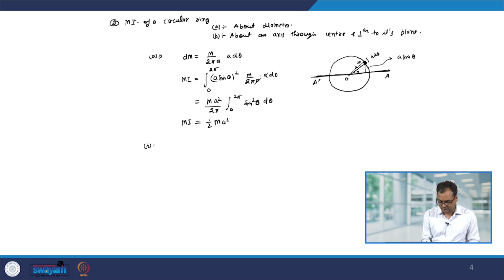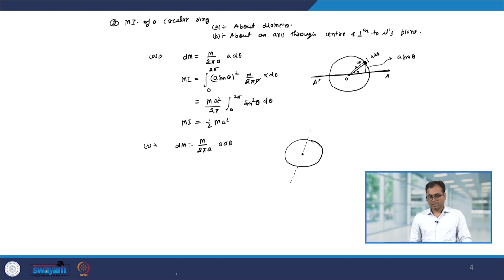Now, let us consider the second case, the moment of inertia about the axis which is passing through the center and perpendicular to its plane. So, we have this ring and the moment of inertia about, let us say, this axis. Okay. So, in this case again the dm will be the same. So, dm will be m over 2 pi a into a d theta, but the distance r from this axis is going to be fixed and it is going to be a only.